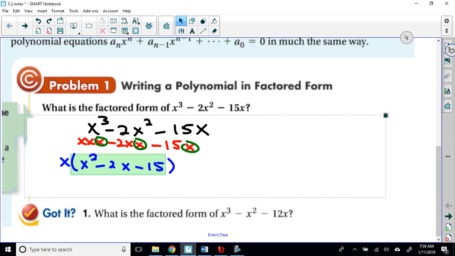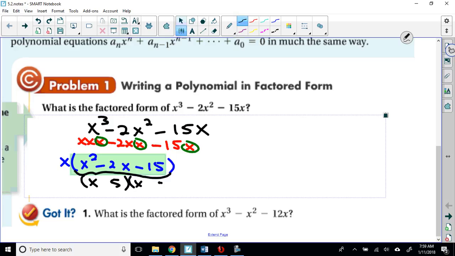Does 15 have any factors that add up to negative 2? 5 and 3, sure. So that expression factors into something with an x and a 5, something with an x and a 3. What am I going to have to do with the signs there to make a minus 2? Minus on the 5, good. Plus on the 3, cool beans.